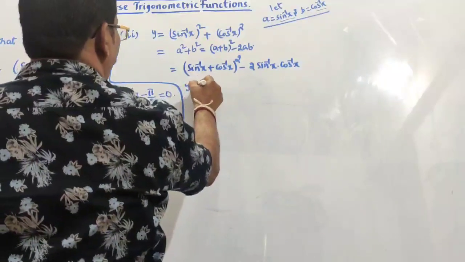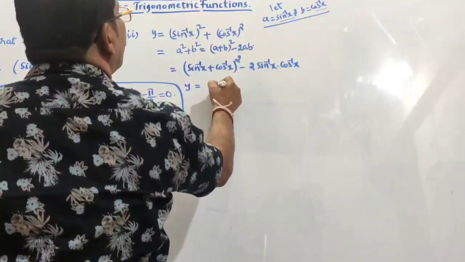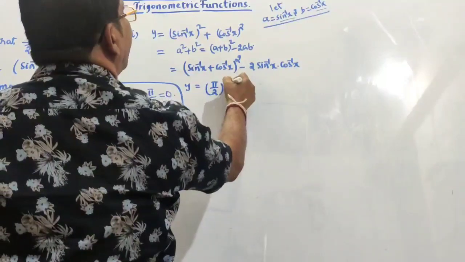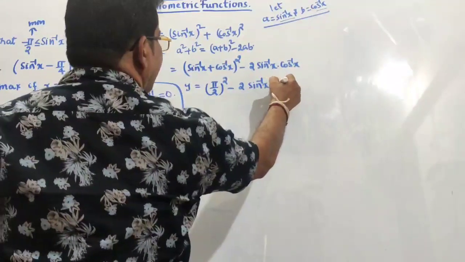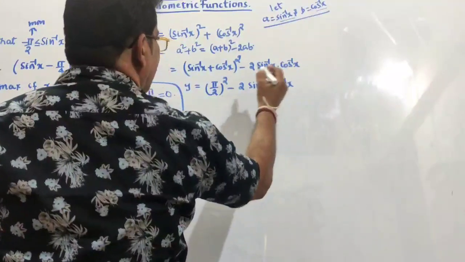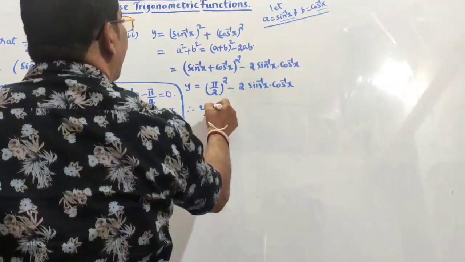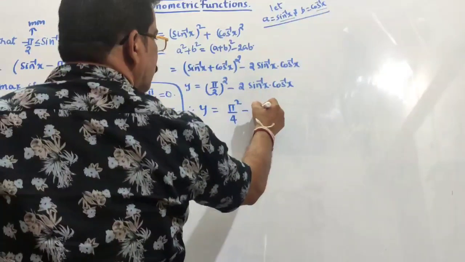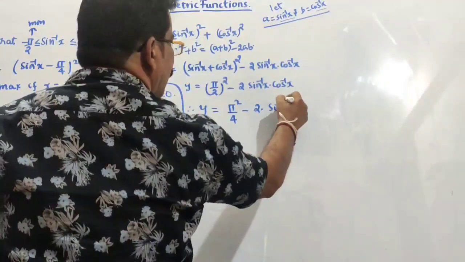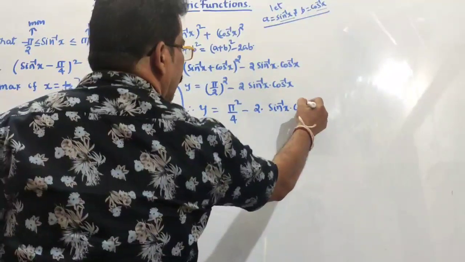So therefore y equal to pi by 2 whole square minus 2 sin inverse x into cos inverse x. So therefore y equal to pi square by 4 minus 2 into sin inverse x into cos inverse x.